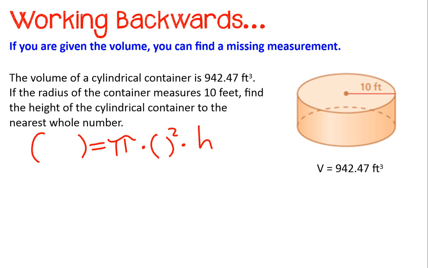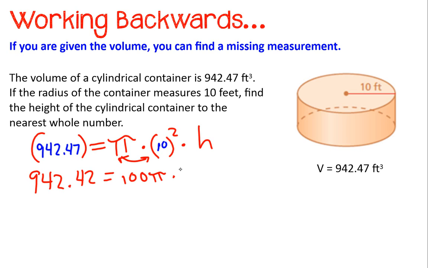Right? So my volume is 942.47 and my radius is 10. So as I rewrite this problem, I'm going to leave the left side alone, and I'm going to commute these two terms because I prefer my coefficient in front of the variable.